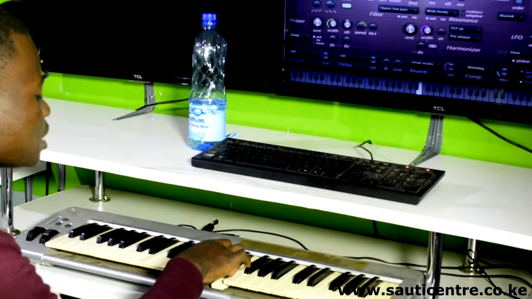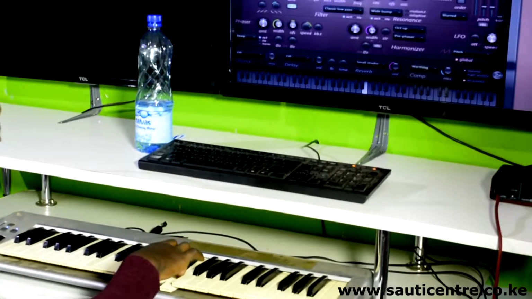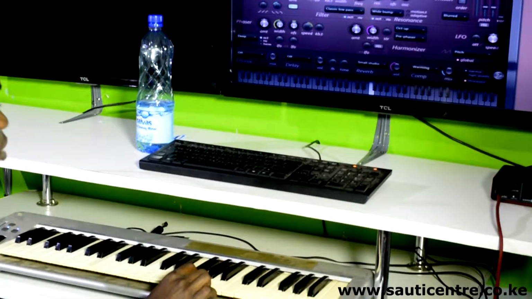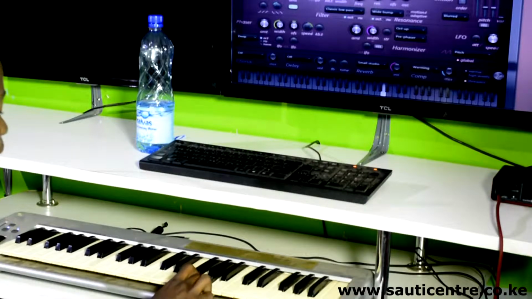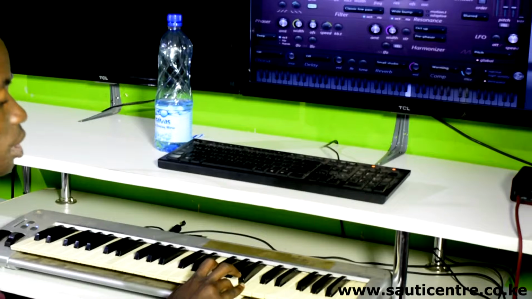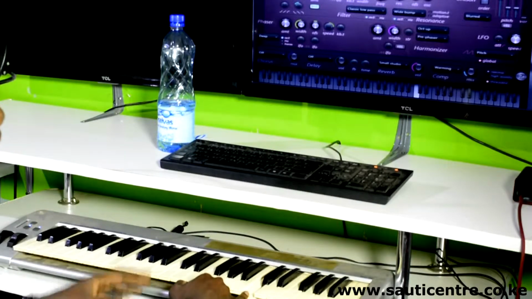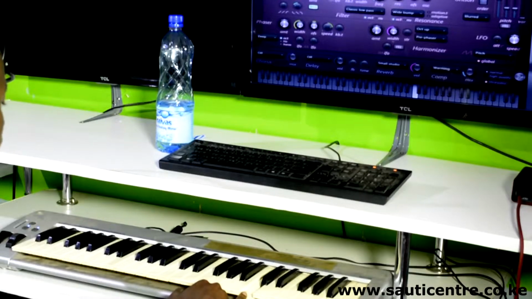A thumb tuck is you slide your thumb below the middle finger, then it lands on F, okay? Then G on the index, and the middle finger on A, the ring finger on B, and back to C. That is C using finger number 5, which is the pinky.